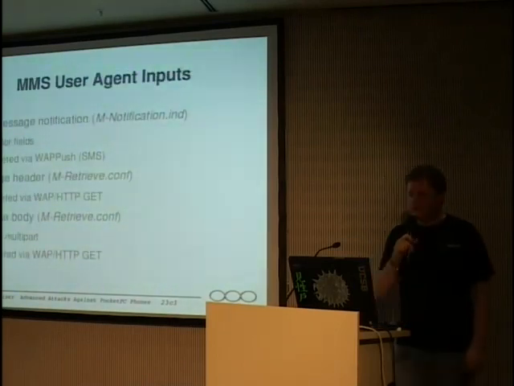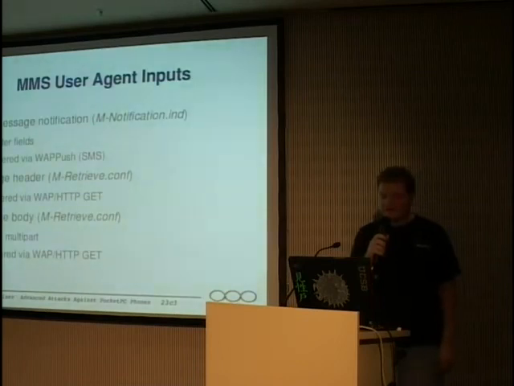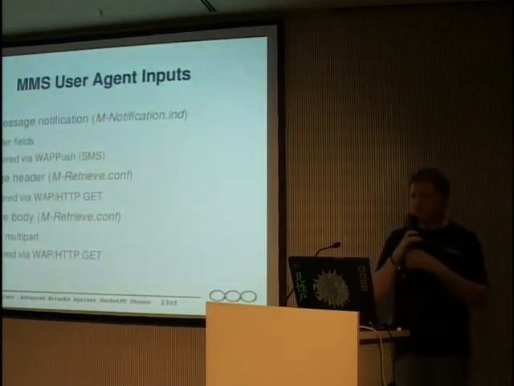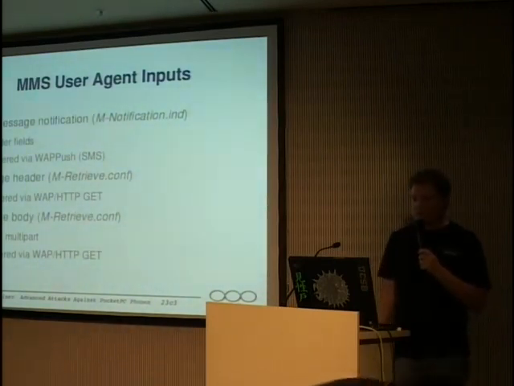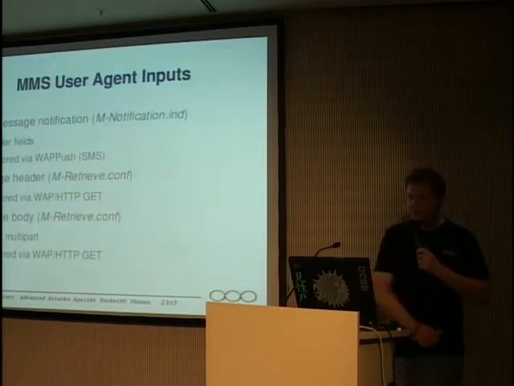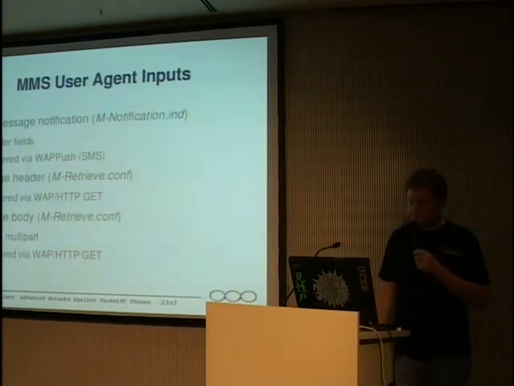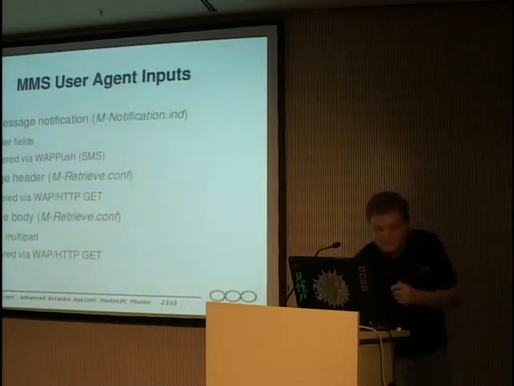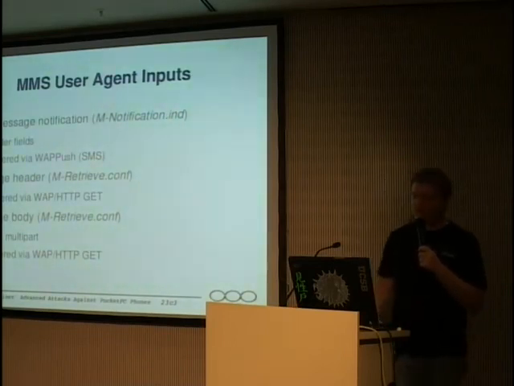So for the MMS user agent, we have identified the notification. That's the thing that goes over SMS before the actual message is received. A very small thing that fits in one SMS, some header fields. Then we have the real message, which is received via WAP HTTP GET.